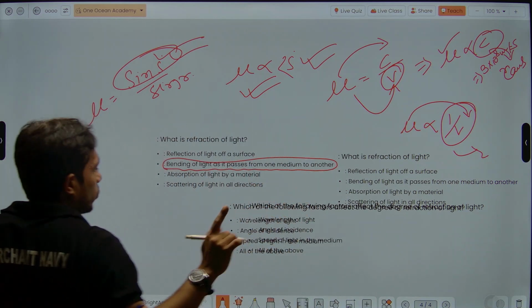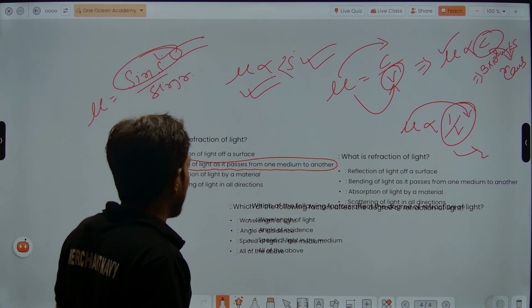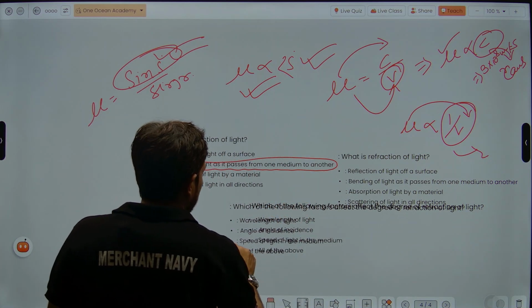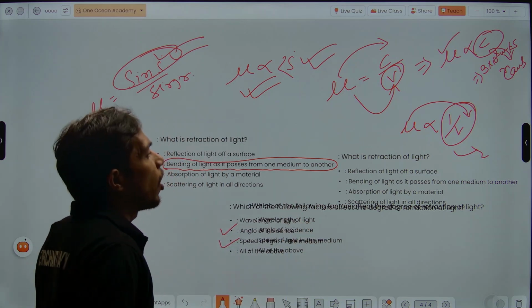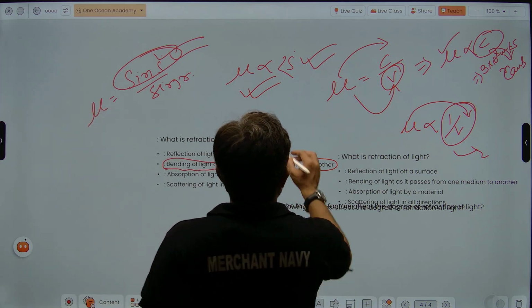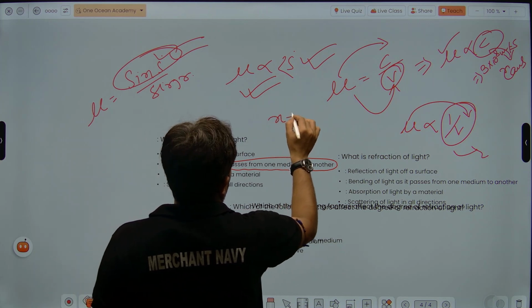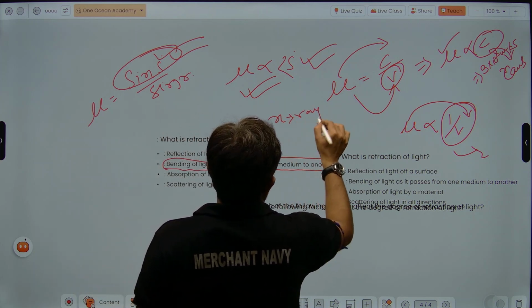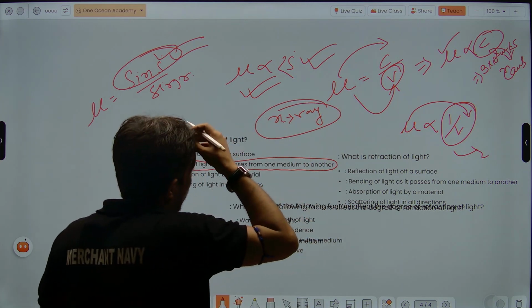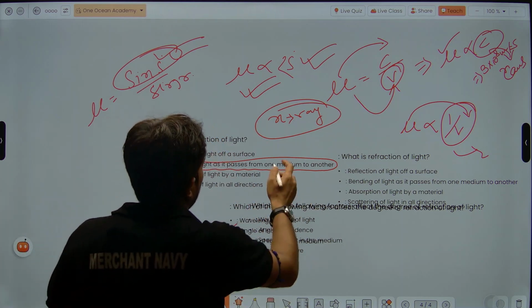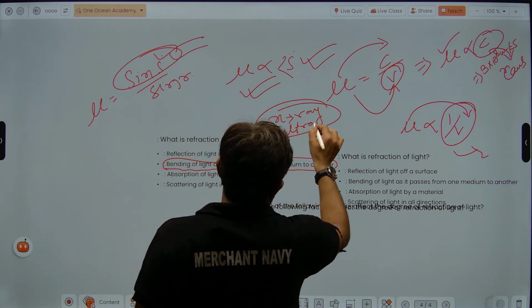So there are two things: mu depends on the speed of light, yes, and the angle of incident, yes. Now come towards the wavelength of light. There are different types of rays, if we want to incident X-rays or ultraviolet rays, UV rays.